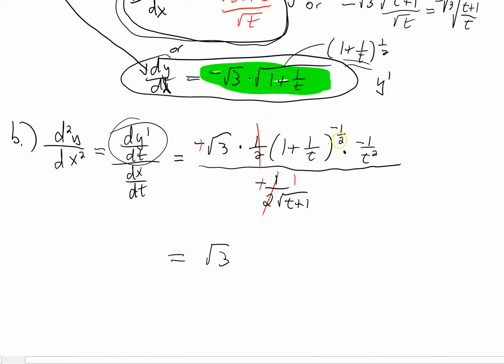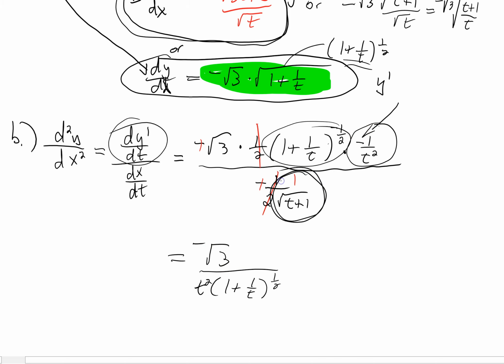This thing is going to come down, and you could say, well, that's going to be like a 1 plus 1 over t to the positive 1/2. This already is going to have a t squared down, so I'm going to put that here. There's a negative right here. I'm going to put that right over this way. But then when you're looking at this denominator, when you're dividing by a fraction, guys, you're really going to multiply by its reciprocal. So you've really got that.